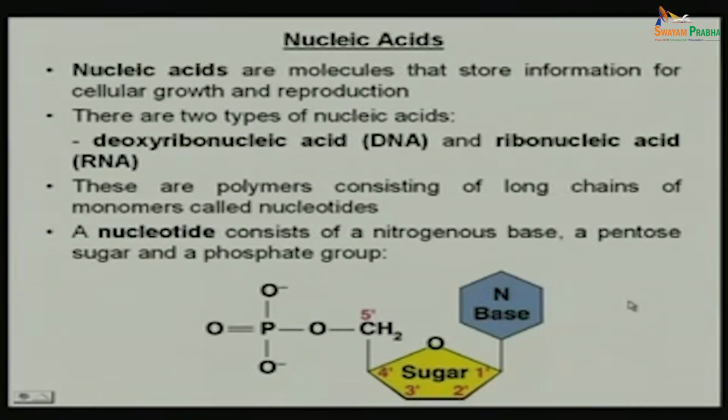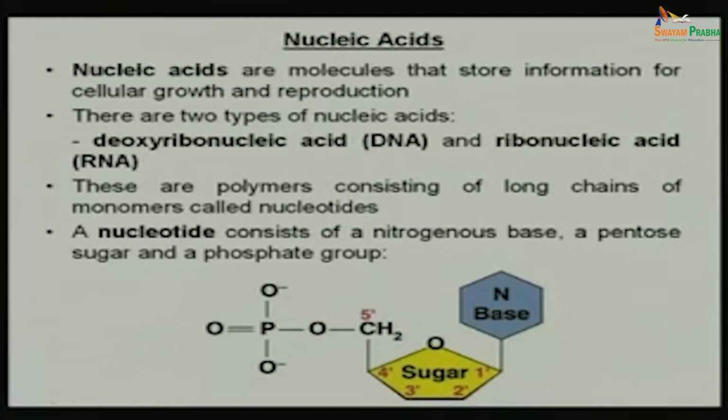If we broadly classify the entire nucleic acids, they can be divided distinctly into two major groups. One is called deoxyribonucleic acid or DNA, and the other is ribonucleic acid or RNA. These are polymers consisting of long chains of monomers called nucleotides.